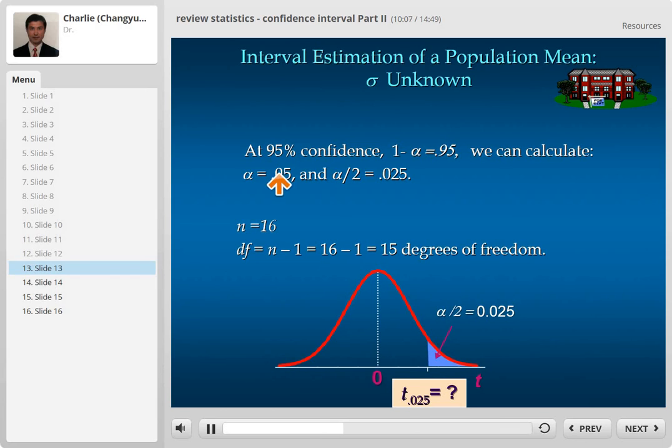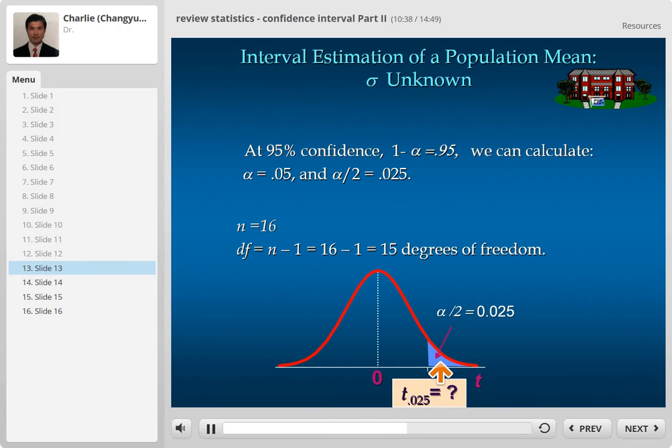So here are the steps. 95% confidence level, 1 minus alpha equals 0.95. Alpha equals 0.05 from here. And alpha over 2 equals 0.025. This alpha over 2 is going to be the size of this area here. This is always the case. And we're always going to use alpha over 2 for the size of the area here.